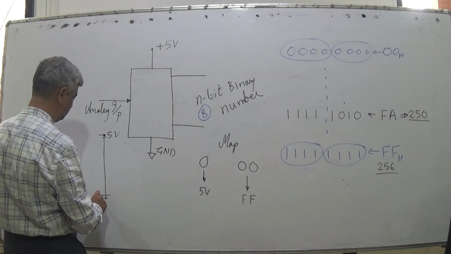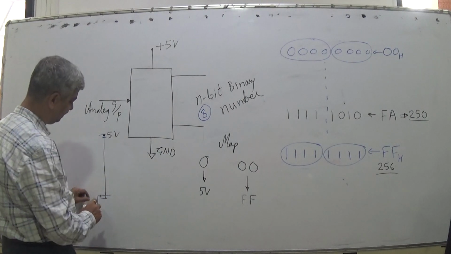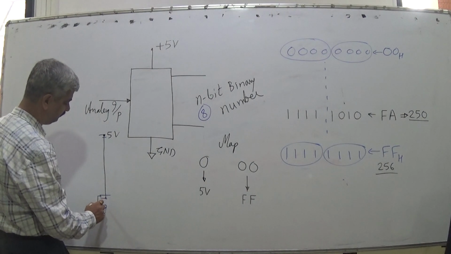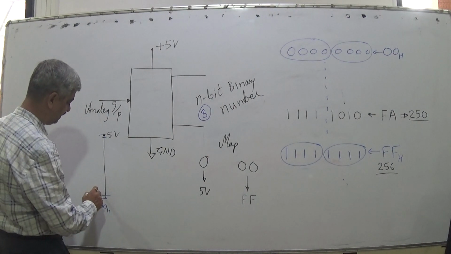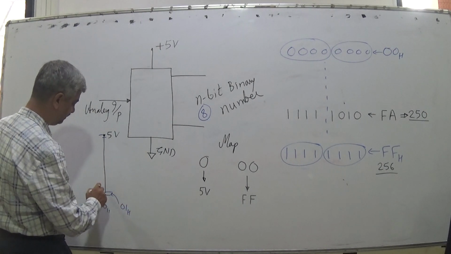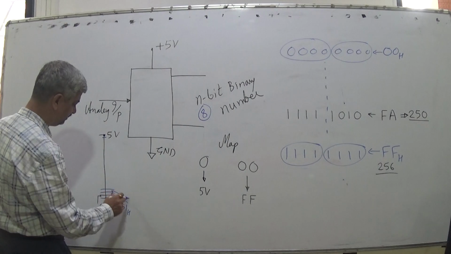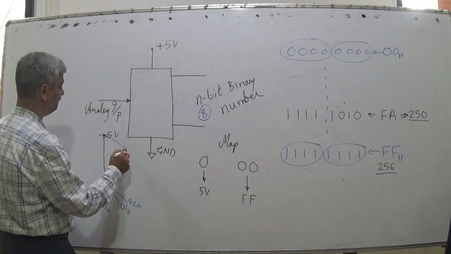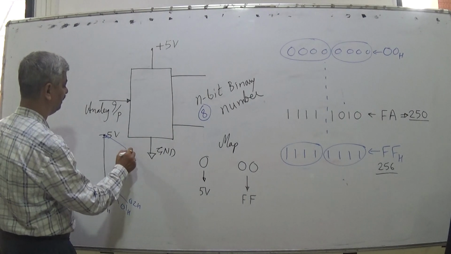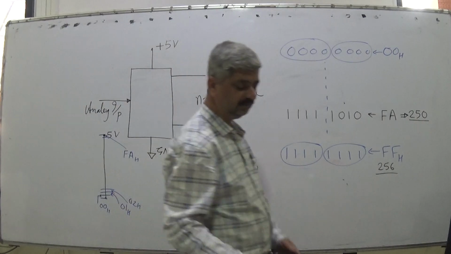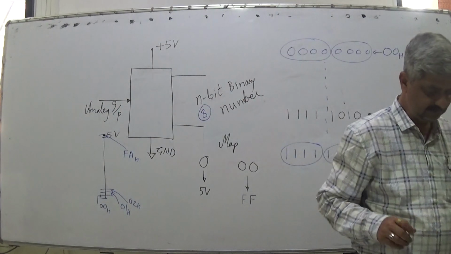Something in this range is treated as 0 hex, the next is treated as 1 hex, the next as 2 hex, and this last step we treat as FA hex.